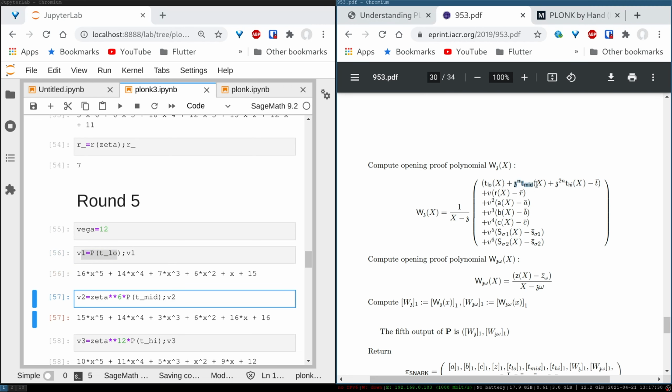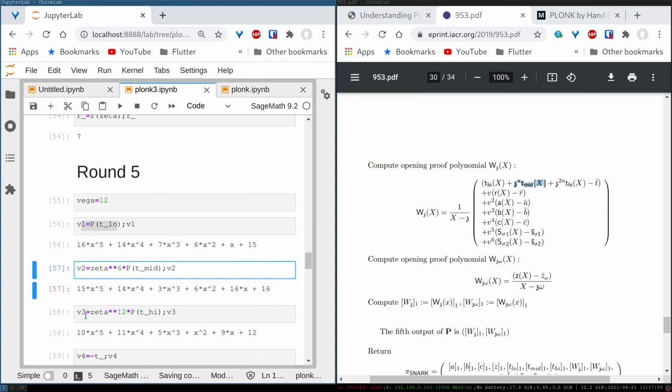V2, this term here, is the zeta 6. Right? We took 6 values. So now to reconstruct the original polynomial, we have to multiply this T mid by zeta power 6. And that's V2. And then same thing for the third term. But this time we have to raise to power 12.